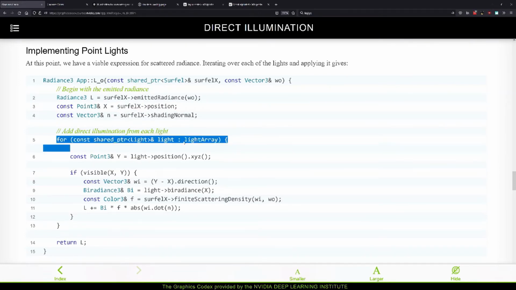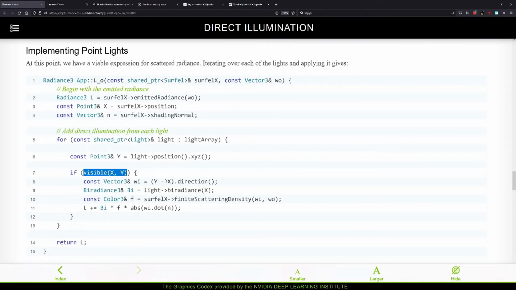And for every light, we get the position of the light, which is just asking for an XYZ coordinate of it. Then this would trace a ray and detect if the point is visible, so the path between x and y is unobstructed.